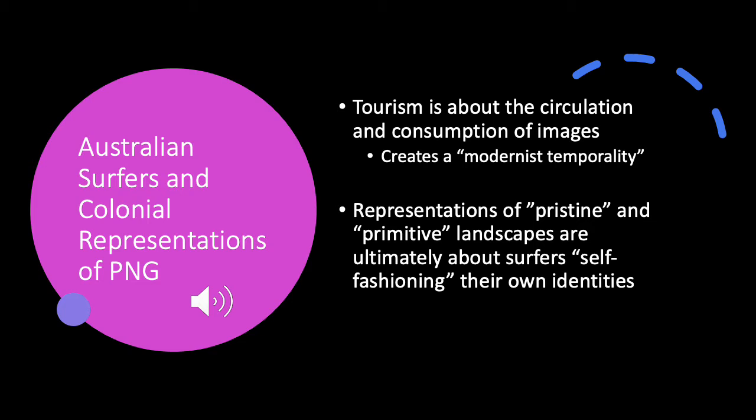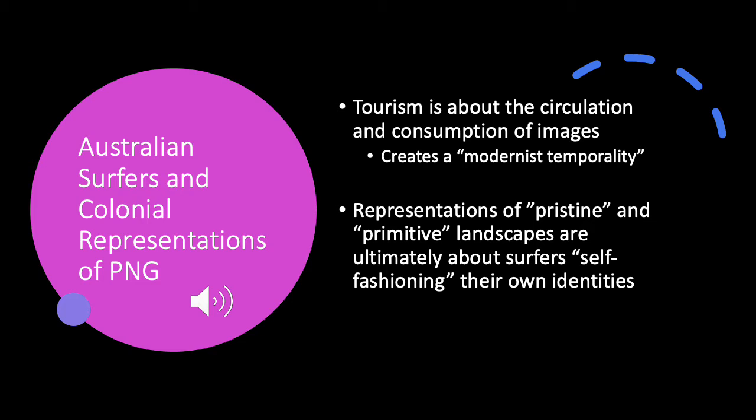But ultimately, when we talk about these kinds of ideologies, these romantic and paternalistic images of Papua New Guineans, what we see, right, is that surfers are ultimately self-fashioning their own identities. They're imagining Papua New Guineans not as they are, but as a foil to everything that they think is wrong in the world and everything that they want to be.